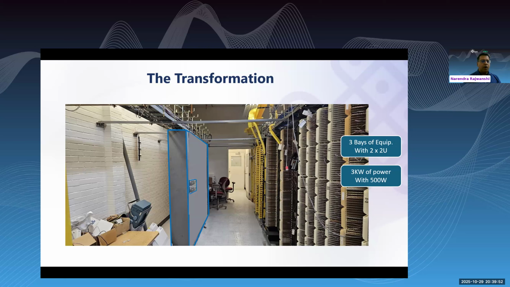So that right away is a lot of power saving, which is the real value in this transformation. The space could be the central office's own, or it could be co-located. Co-located will have more value of the savings.